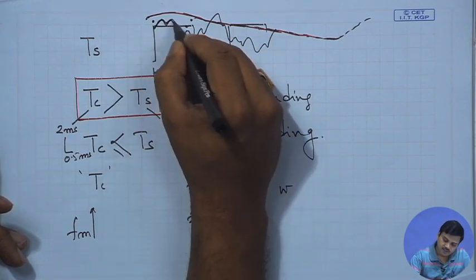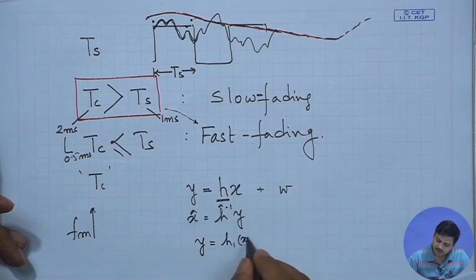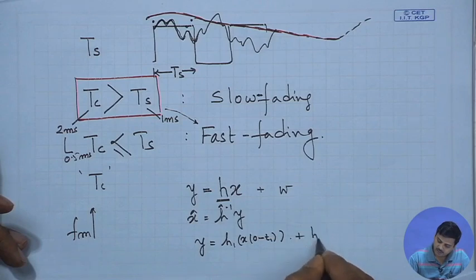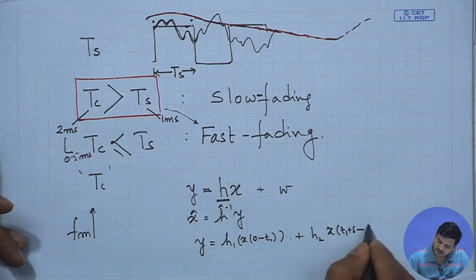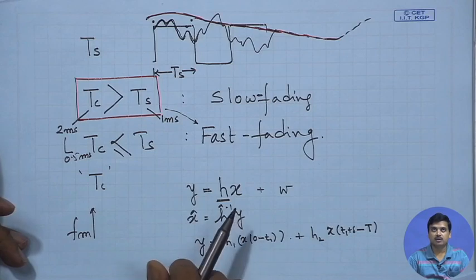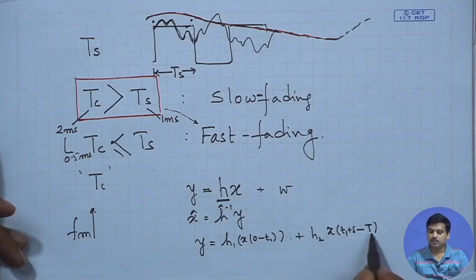Whereas, if the channel is fluctuating like this, that means, y is equal to h1 times x for the interval let us say 0 to t1, and then we have h2 for the interval let us say t1 plus delta to capital T. So, I am assuming there are two different notable values of h, one over the period of 0 to t1, the other over the period of t1 to capital T, that is the symbol duration Ts.